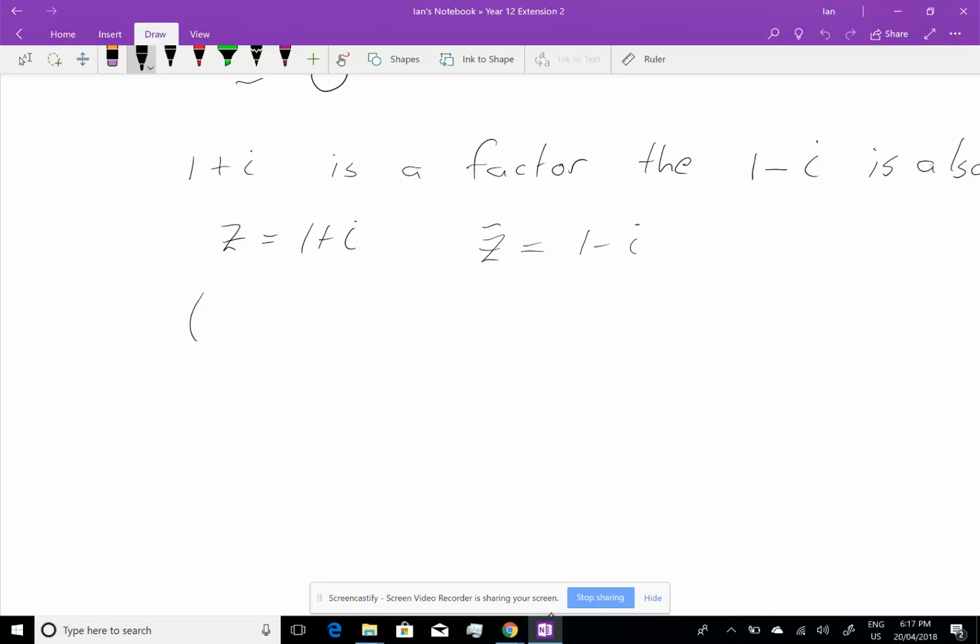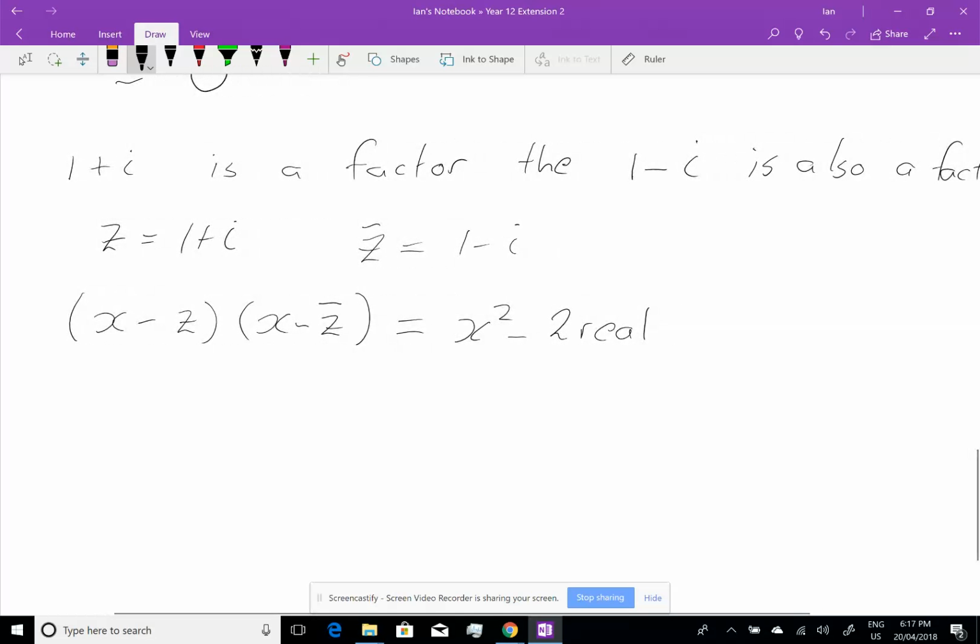We also remember x minus z times x minus z conjugate equals x squared minus 2 times the real part of z, x, plus z z conjugate, which will give us x squared minus 2x plus 2.